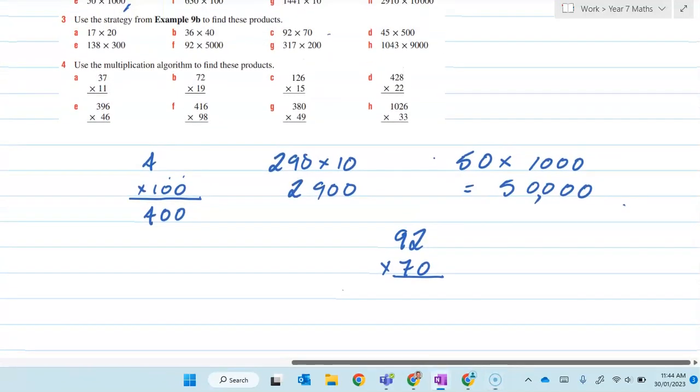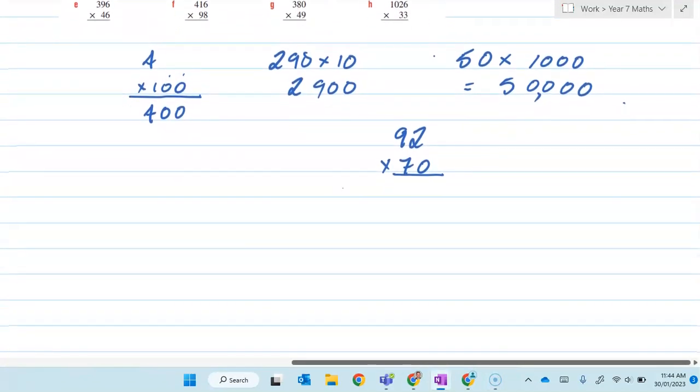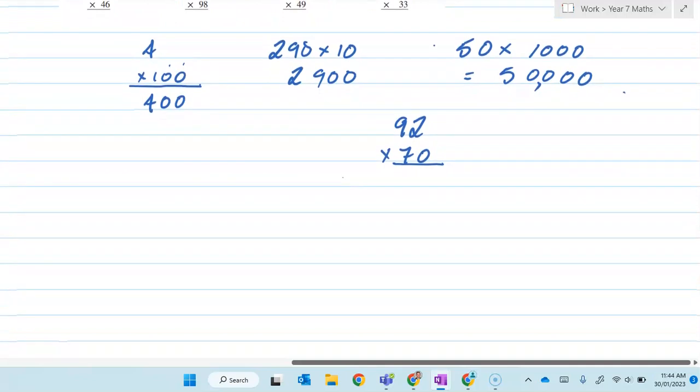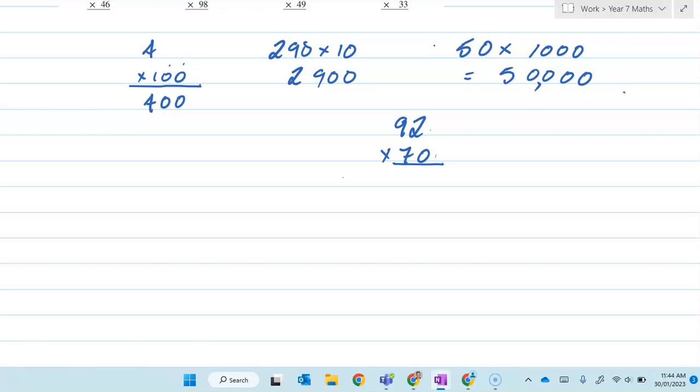We'll look at this 92 times 70. Now, in laying it out, you don't have to keep your numbers underneath each other, but you do in your answer. So in the first instance, we're multiplying by 0, so that's going to be a 0 there and a 0 there. But you could have just put 1 0 and started here.